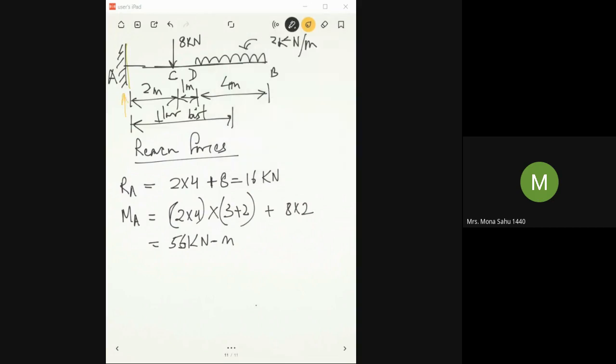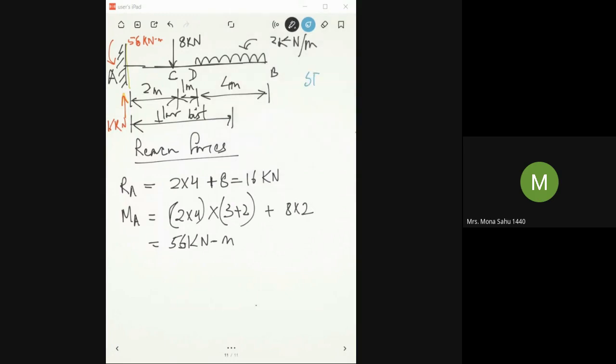So you have reaction force 16 kilonewton and MA is 56 kilonewton meter. Okay, so now moving ahead to the SFD.